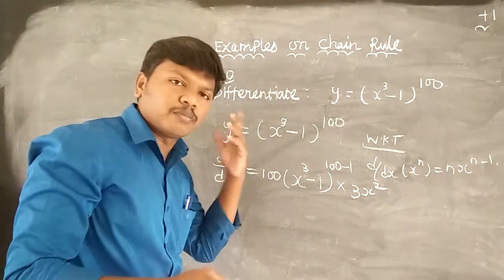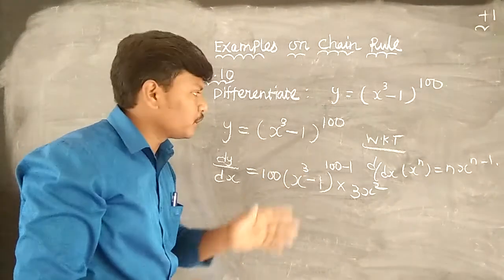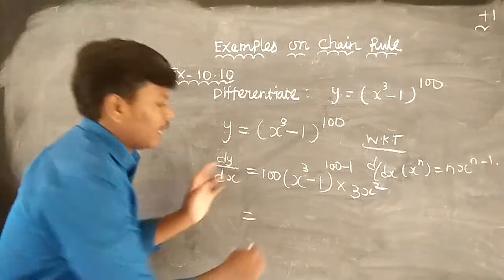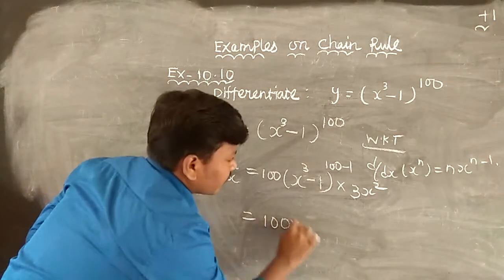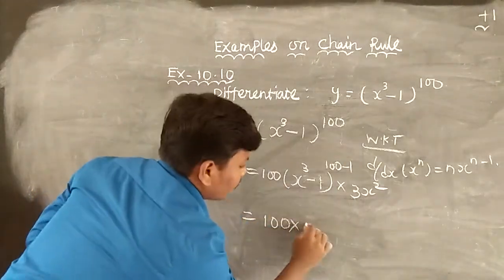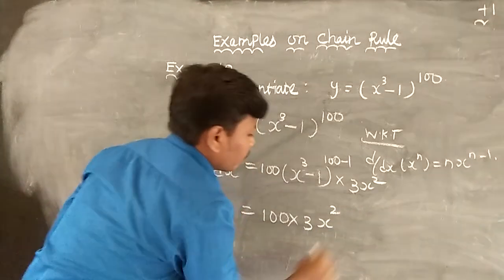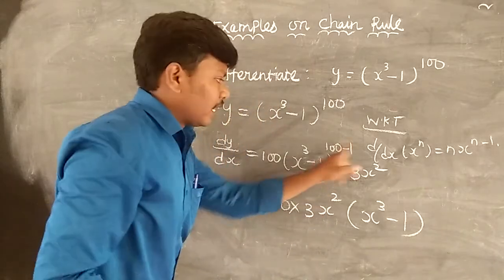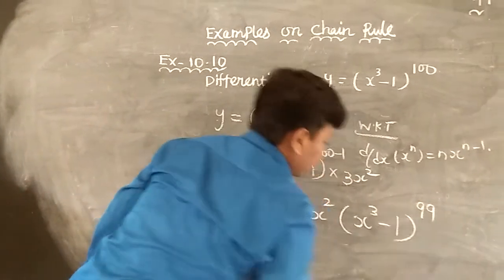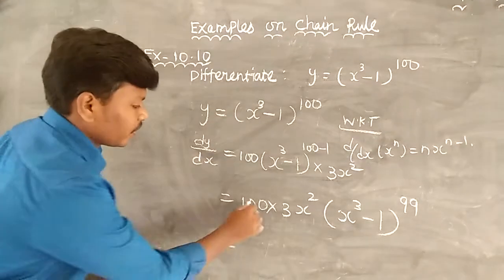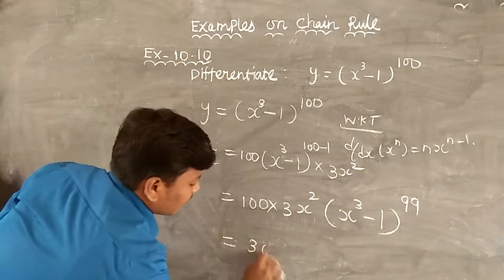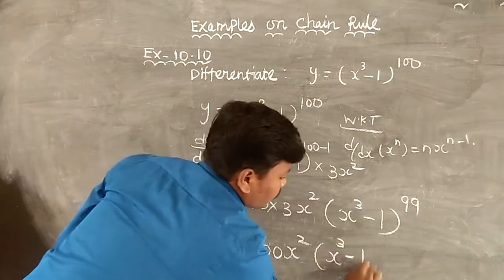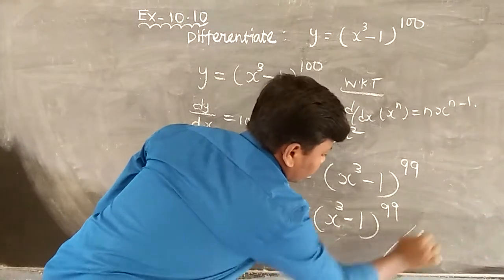Then if you differentiate minus 1, you get 0, because if you differentiate a constant, you get 0. Now 100 into 3x square into (x cube minus 1), 100 minus 1, you get 99. So directly you can write 100 into 3, 300 x square into (x cube minus 1) whole power 99.